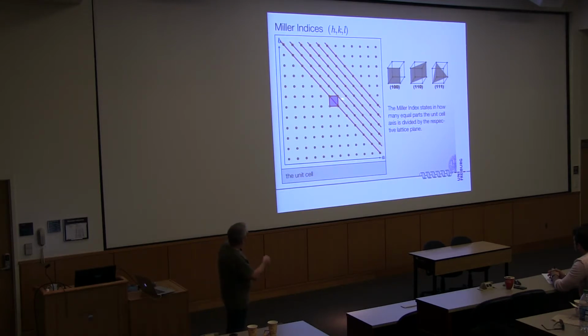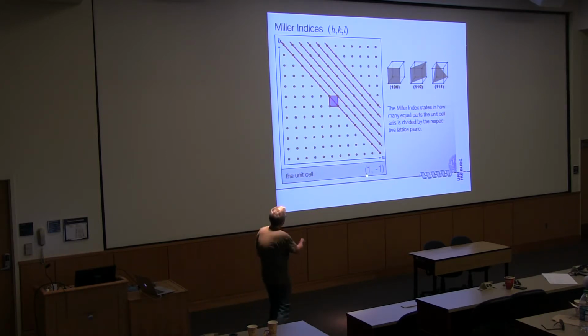Well, let's call it by the number of sections of the unit cell that this number of planes generates. This is a parallel set of planes. It contains all the atoms that make the crystal lattice, and we would call this the 1 minus 1 plane. Because it goes up on A, it goes down on B, that's the plus and the minus, and 1 because it cuts the sides of the unit cell into one piece.